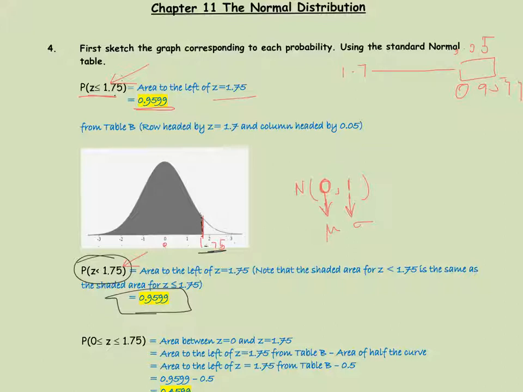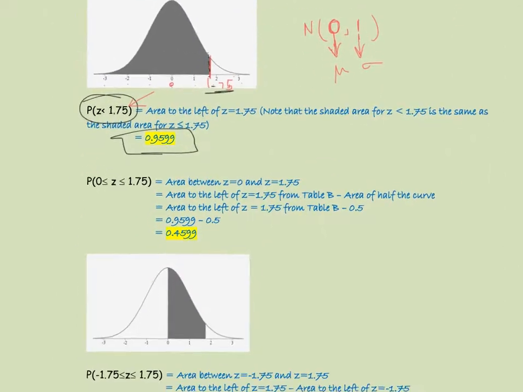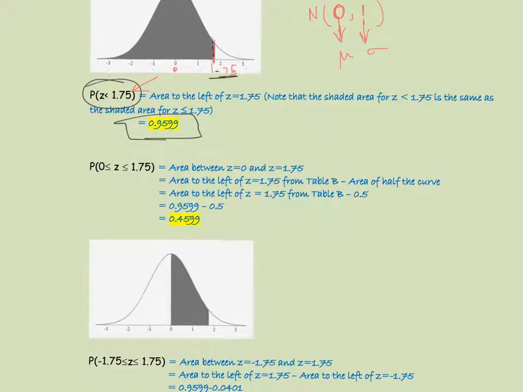Now if we have to find the area between 0 and 1.75, which is equal to the probability that z lies between 0 and 1.75, that's equal to the area between z equals 0 and z equals 1.75. The table gives us the area to the left of 1.75.